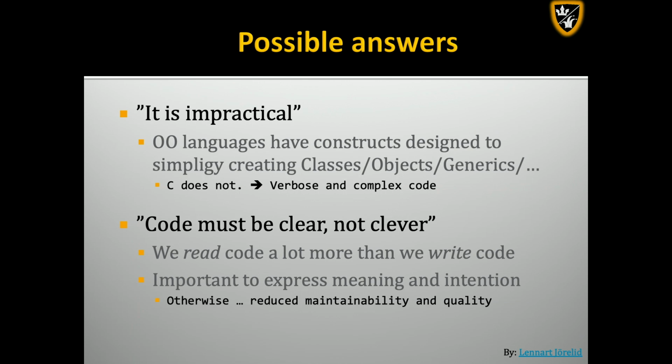Just to maintain the stuff that you need to do to make object-oriented software in C is very complex. Few people would be able to maintain it. And this bullet is one of the founding pillars of enterprise development. It's not okay to write clever code.